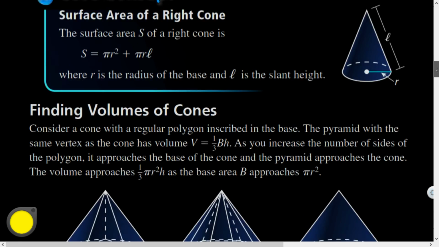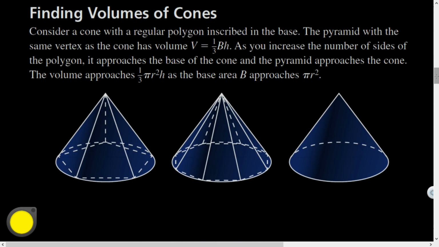All right. So guys, we already know that the volume of a pyramid is 1/3 the base times the height. And if you imagine a pyramid that has more and more sides on the polygon of its base until it approaches infinity, the area of that base would equal pi r squared, but the volume formula would have remained the same.